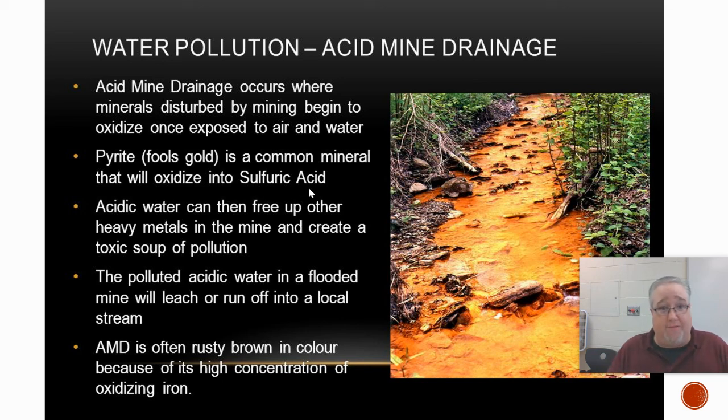So, in a lot of abandoned mines, we have a lot of sulfuric acid. Well, if this acid, for whatever reason, ends up leaking out of the mine, which it does from time to time, again, it can free up all of those heavy metals in the soil and it can carry them with it into a body of water. So I want us to understand a little bit about acid mine drainage, how it's caused, that we talked about before, but what are the results of that? This is another way that heavy metals can actually get into a water supply. So AMD, acid mine drainage.